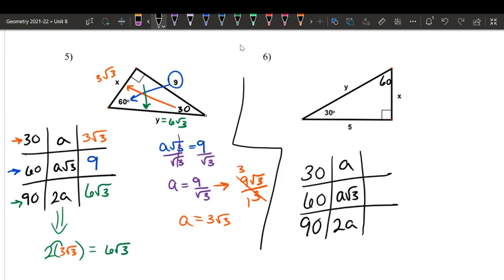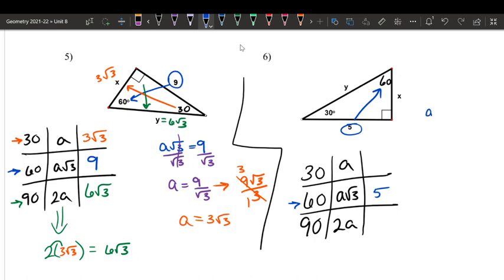So just fill it in so you can map it out. And then a starting point is 5. The 5 is across from the 60-degree angle, so that makes it the long leg of the triangle. You can also see that by looking at it, but it's not a good idea to always go by the picture. Maybe the triangle is not to scale. So this is 60. Across from that is 5.